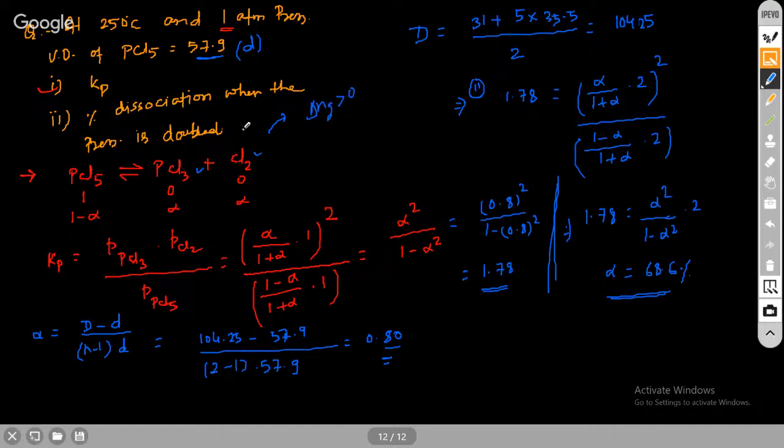And that particular discussion we have already done: in this type of reaction, as pressure increases, the backward reaction is favorable. Backward reaction means the alpha value decreases, and more reactant will be present. And that is what we are getting here: 80% here, and here it is 68.6%. Is it clear?